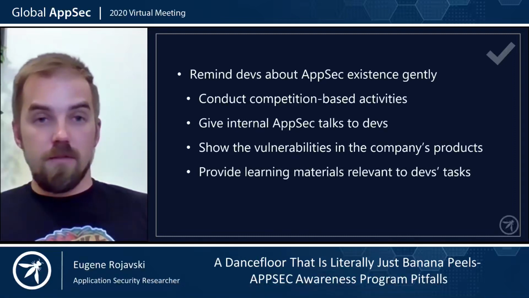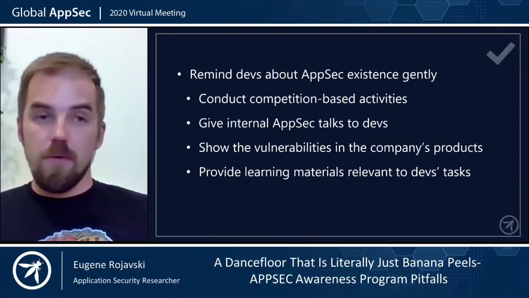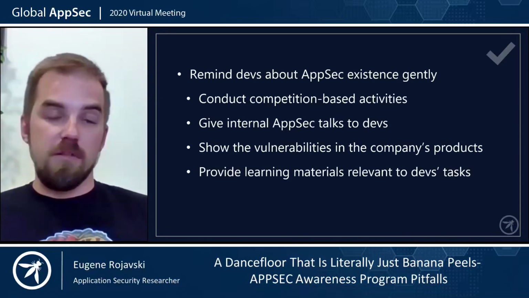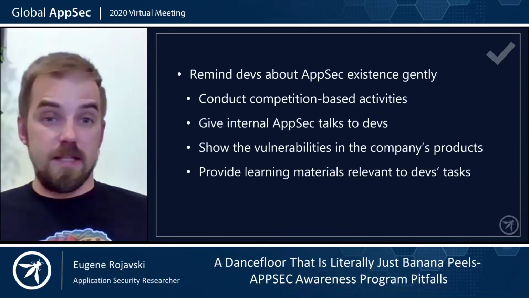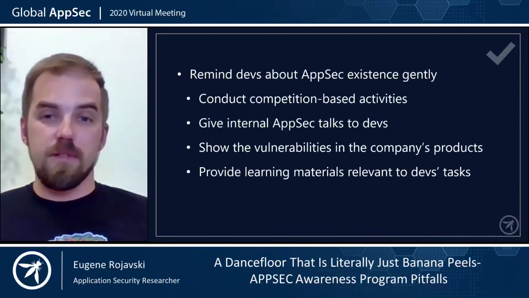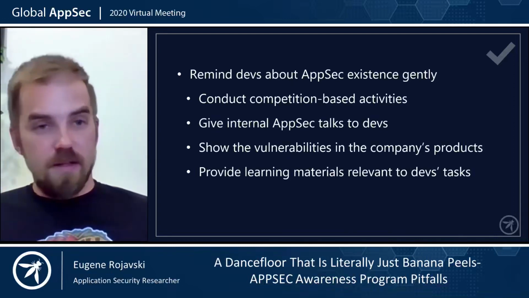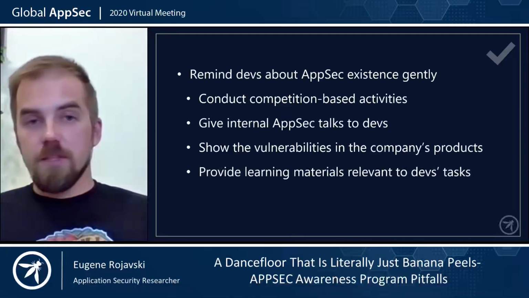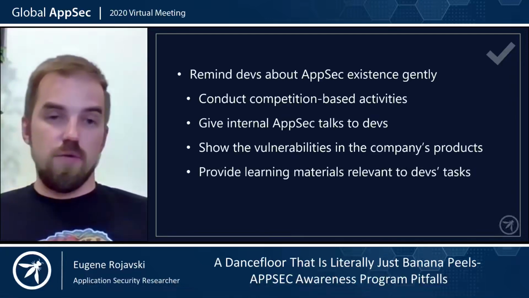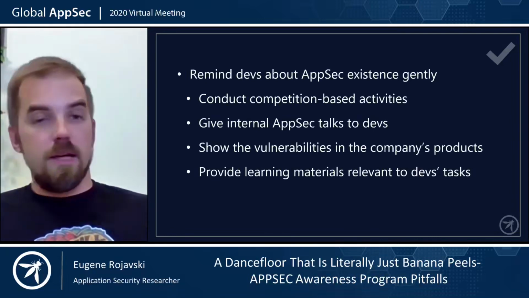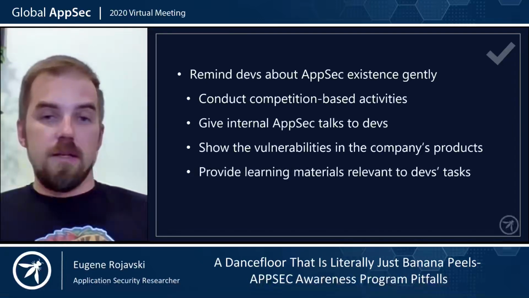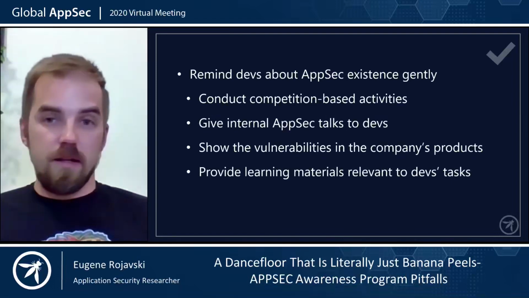And instead of writing code and thinking, oh, okay, I hope it's not vulnerable, they will come to you and ask for your guidance. And this is exactly what you want from the developers. And the last thing, you can provide learning material that is relevant to the current developer's tasks. Meaning, let's say the development team develops user management functionality.